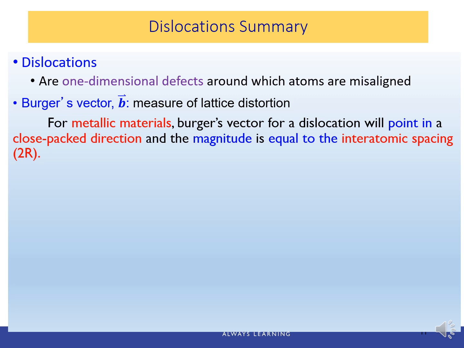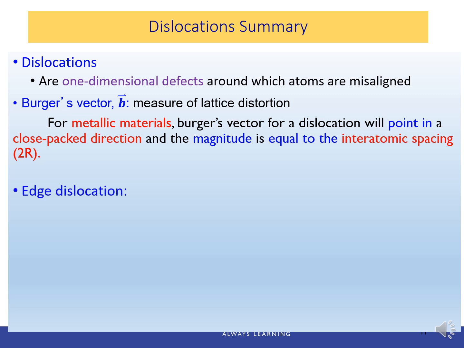Think about the close-packed direction in BCC structure, which is the 111 direction, and the close-packed direction in FCC structure, which is the 110 direction. The magnitude is equal to the interatomic spacing. Since along the close-packed direction atoms are touching each other, the interatomic spacing will be 2r. So now we know the magnitude and the direction of the Burgers vector for a given crystal structure.